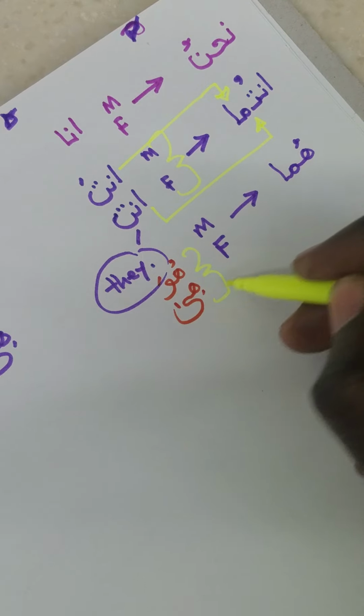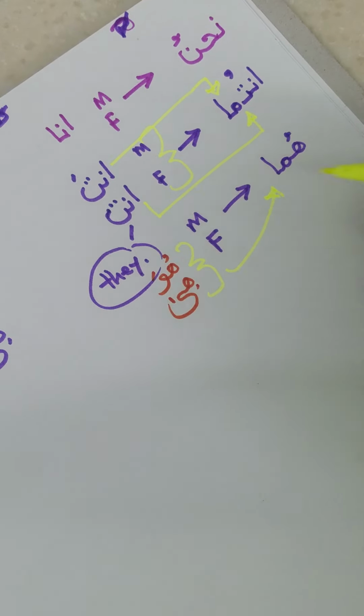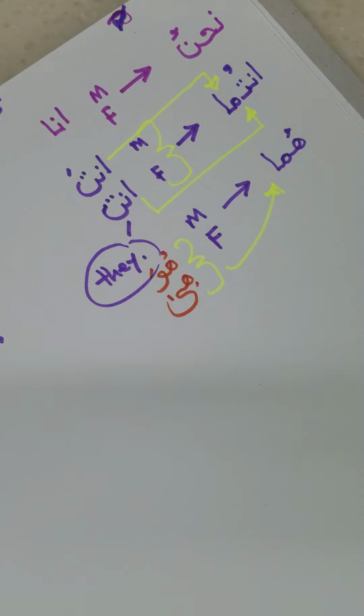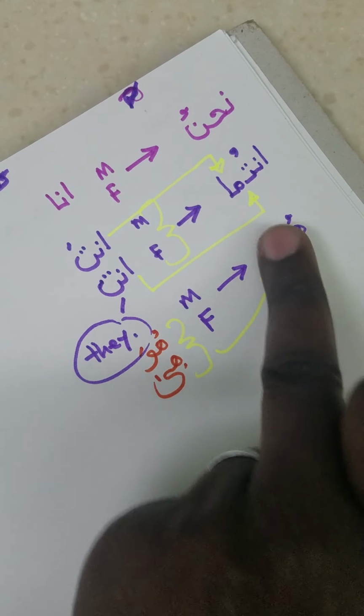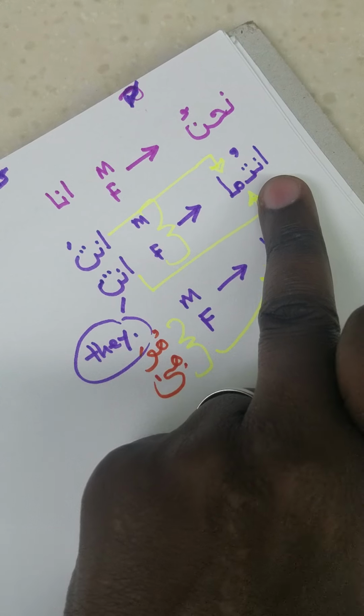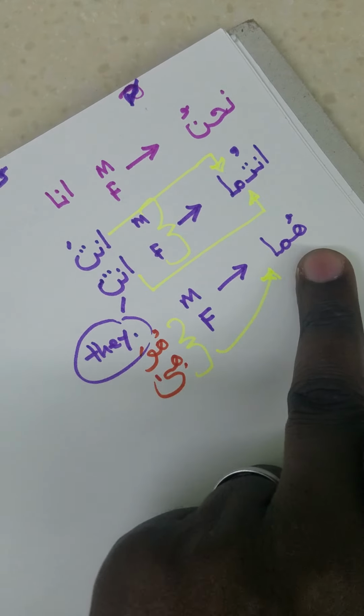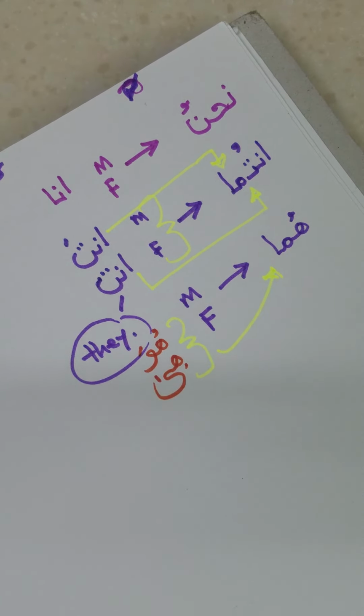Both male and female will take on Humma, and that's it. So for duo, you are basically going to look at Nahnu, Antuma, Humma, without necessarily differentiating that this is male, this is female.